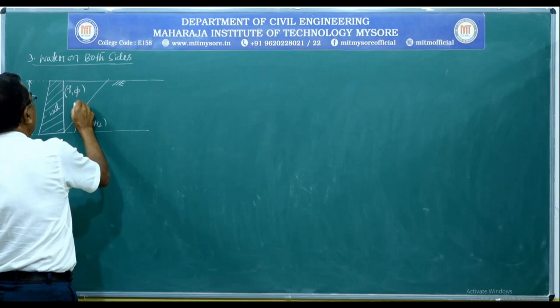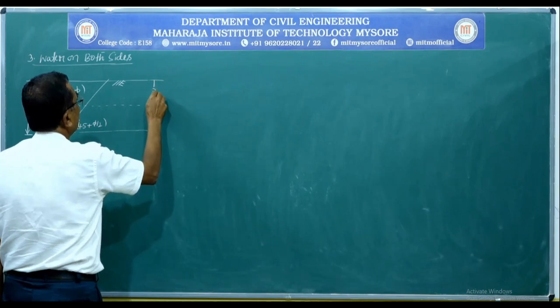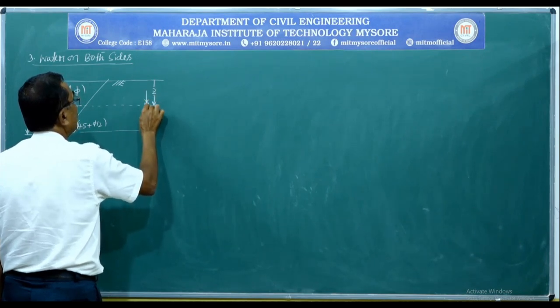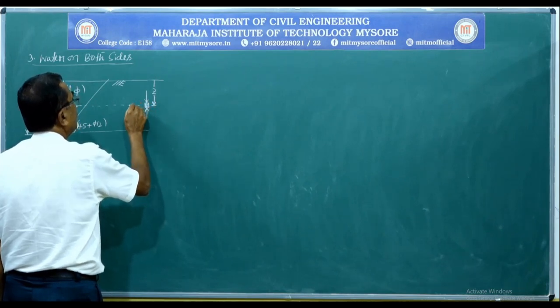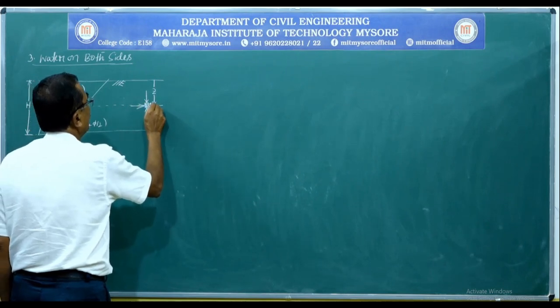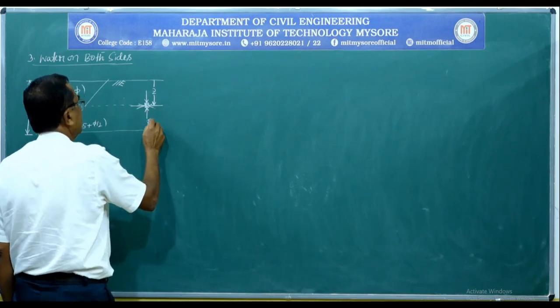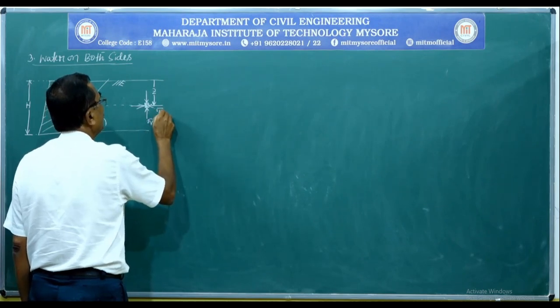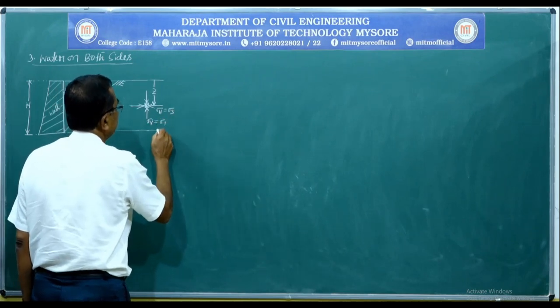If you consider a little elemental area in the backfill at depth Z, horizontal and vertical stress components will be there at the equilibrium condition, when sigma h becomes sigma 3 and sigma v becomes sigma 1.